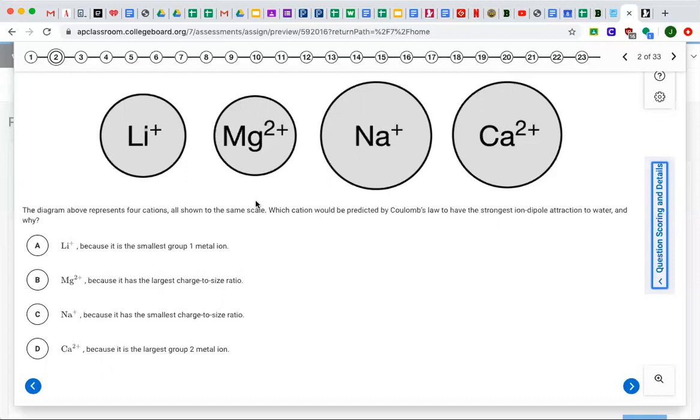Basically, the bigger the atom, or the bigger the molecule, or the bigger the compound, whatever it is, the more readily it can stabilize some charge, whether positive or negative. So that's why magnesium here is the least stable and most wants to interact with water. That's correct.